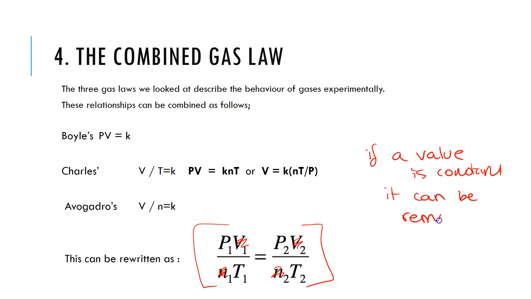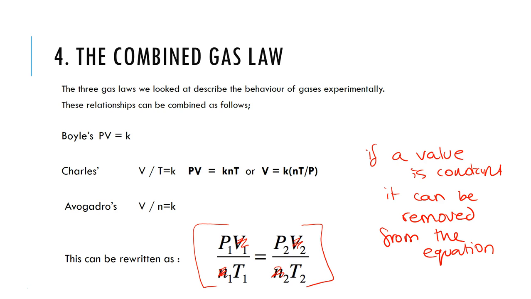So we don't actually have to remember all the laws. All we need to remember is which law equates to what. Boyle's is the relationship between pressure and volume. Charles's is the relationship between temperature and volume, and Avogadro's is the relationship between number of mole and volume.